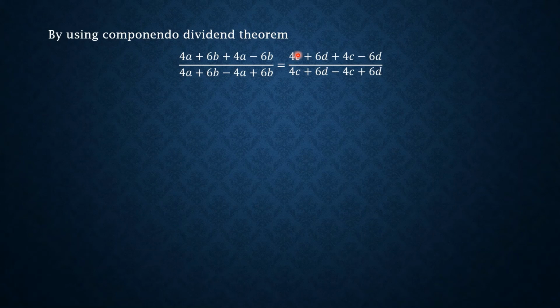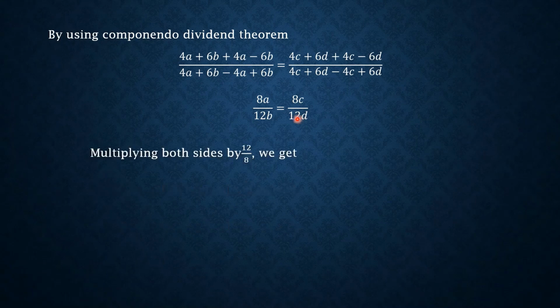This equal to 4c plus 6d plus 4c minus 6d, and in the subtraction of the denominator we have 4c plus 6d minus 4c plus 6d. Now the terms with same sign will be added and the terms with opposite sign will be cancelled by each other. We have the resulting fraction as 8a over 12b equal to 8c over 12d.